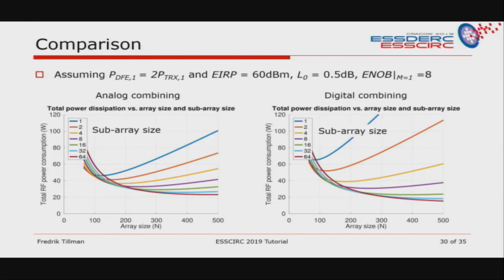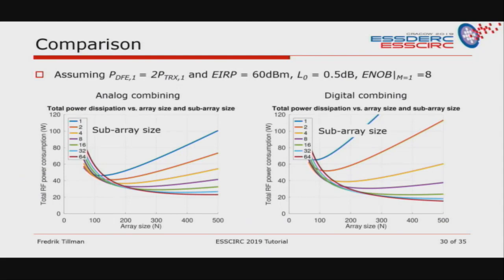If you have a small subarray system, in this case the extreme, just subarray equal to 1, meaning that you have one patch per transceiver, you have full MIMO, you have massive MIMO, you have full digital beamforming. You see that suddenly the power goes up really quickly when you scale up the antenna array. And the reason is that the digital front end, we can assume that it consumes more power than the analog transceiver.